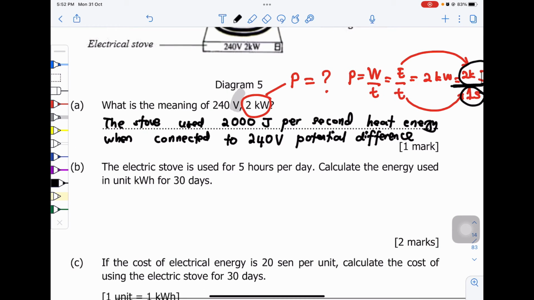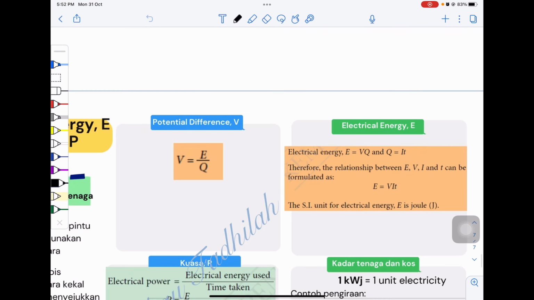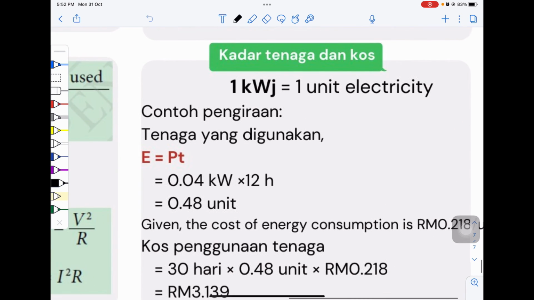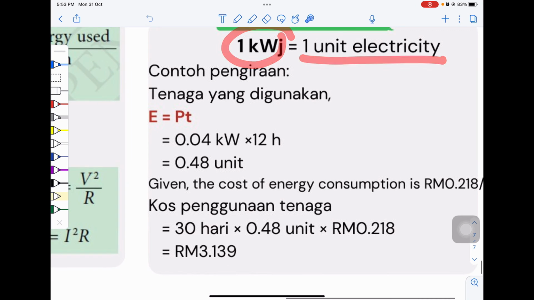The electric stove is used for 5 hours per day. Calculate the energy used. If you want to know the unit of energy used, this is the unit, 1 kilowatt hour, which is 1 unit of electricity.